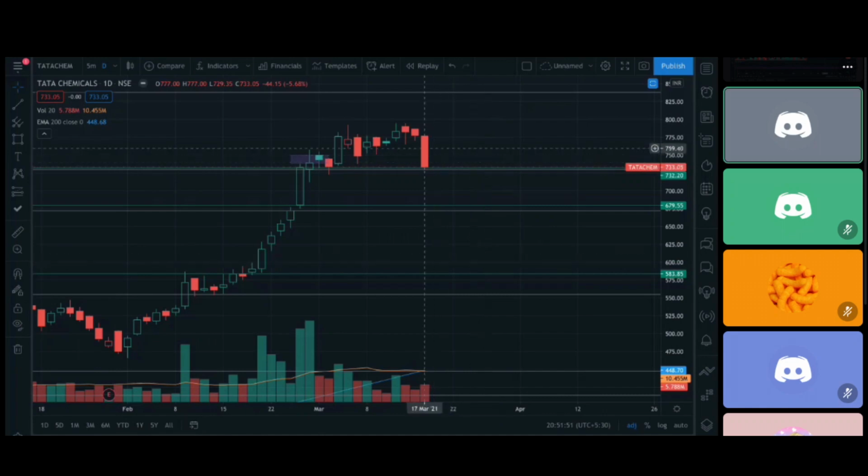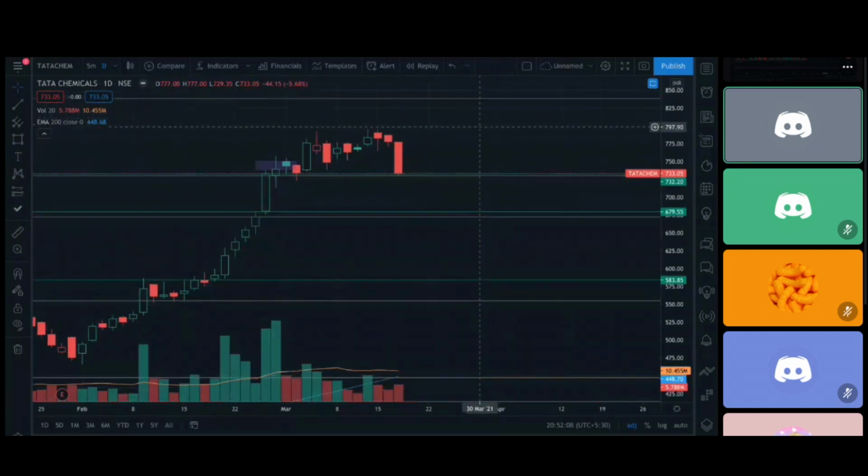If you see the same candle here, we can say that there's a possibility of trend reversal from here, because this is happening at support, and whoever wanted to sell their position already exited from here to here. Makes sense? Yeah.